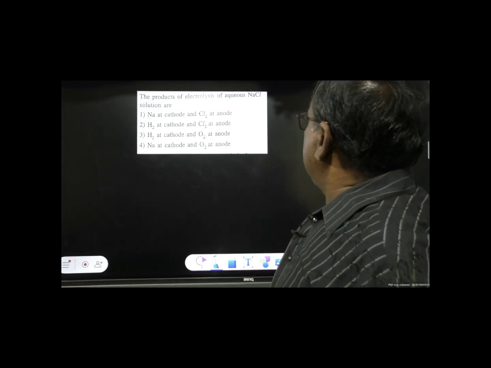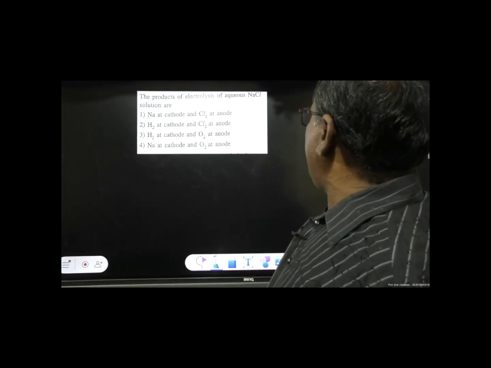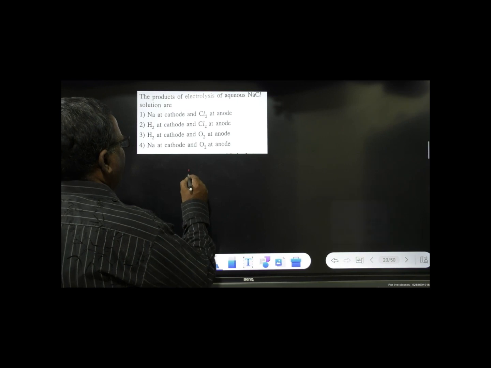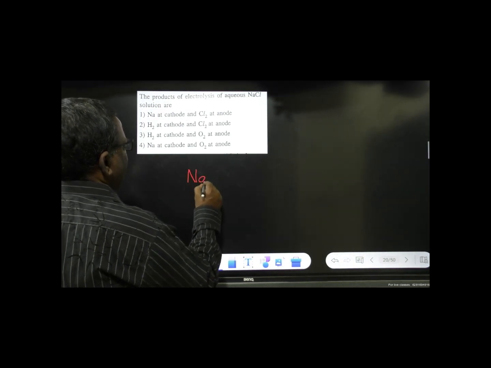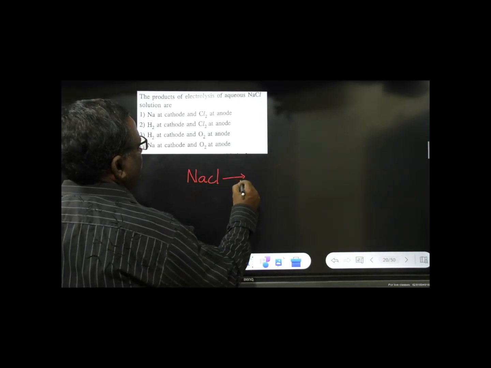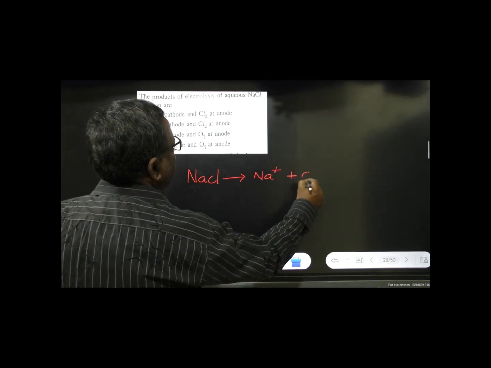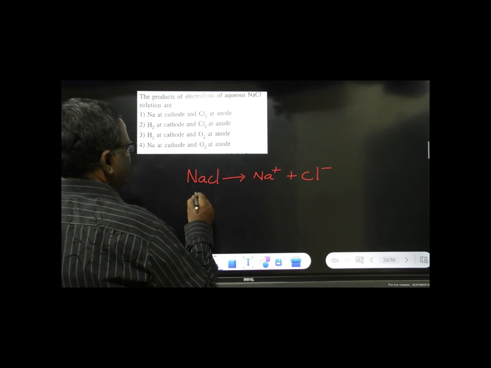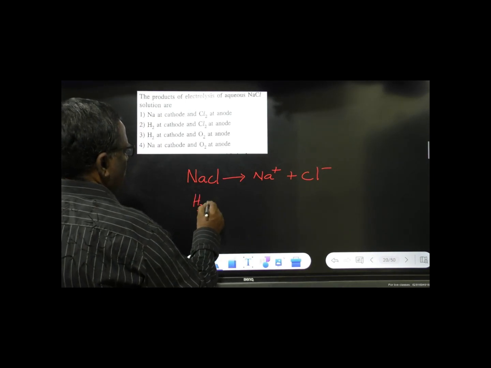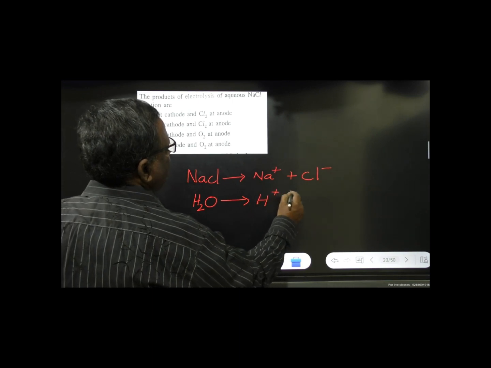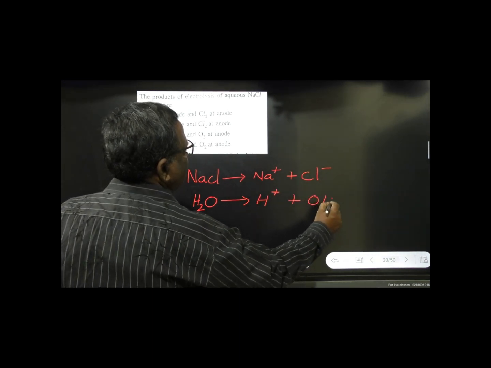Then, the products of electrolysis of aqueous NaCl solution. In aqueous NaCl solution, NaCl dissociates to give Na+ and Cl- ions. Aqueous means H2O is present, and this also dissociates to give H+ ions and OH- ions.